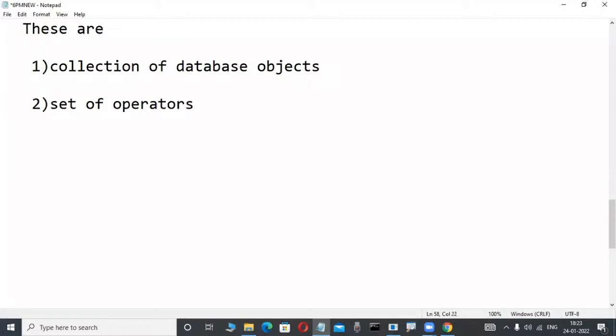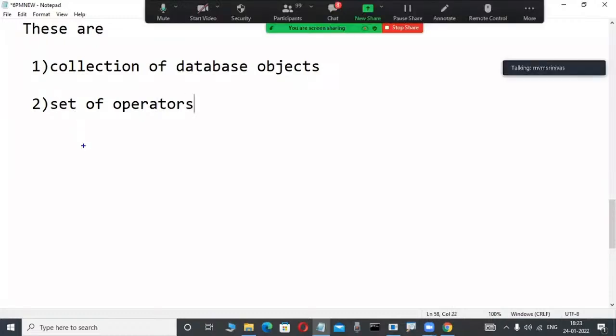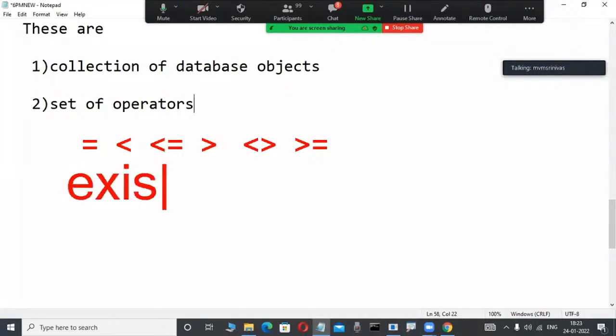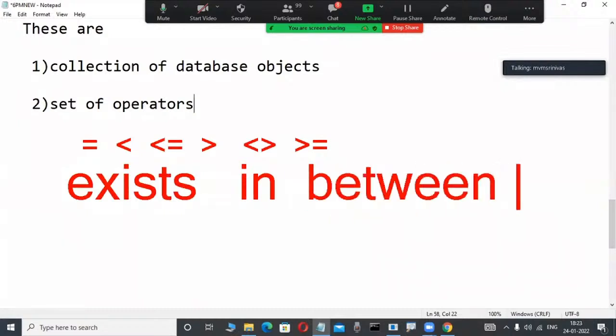Operators are available. Operator means, as you and I think of in C language or Java, is equal to, less than or equal to, greater than or equal to, not equal to. These types of operators are there. We are thinking of not only these operators, but also a set of operators, different operators in every relational data model. Suppose exists is an operator. In is an operator, between is an operator. Yes, so many operators are there.